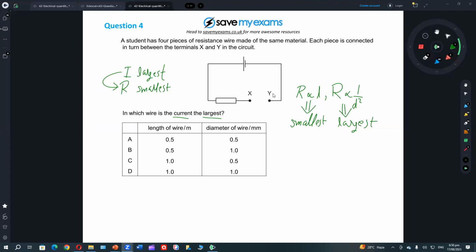Okay, one option is B. Hamad, your answer on that? C. Length should be minimum and diameter should be maximum.